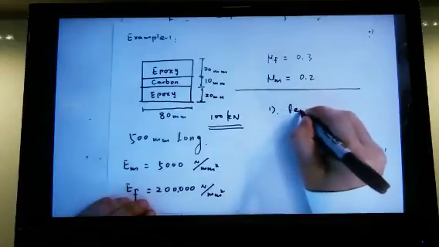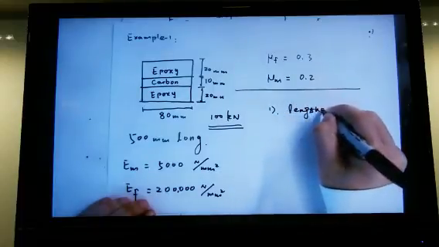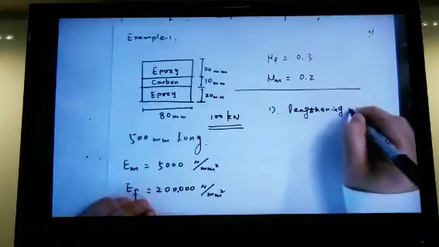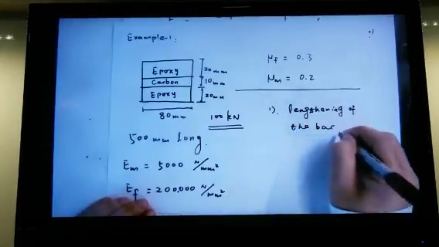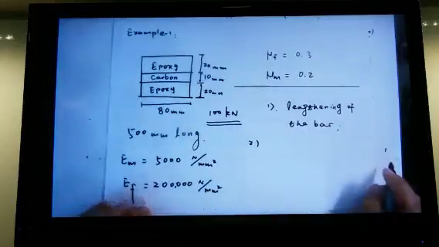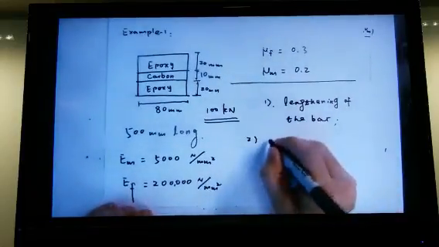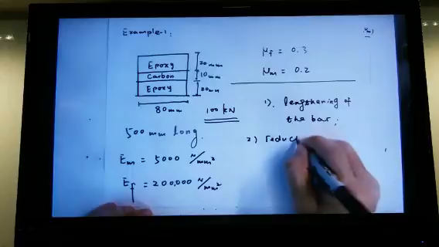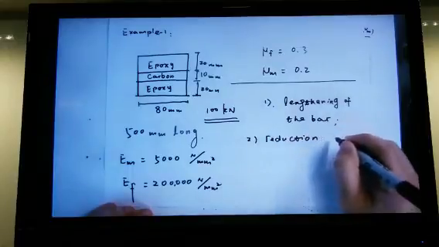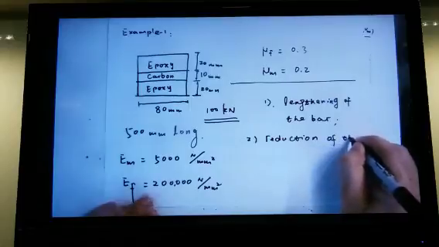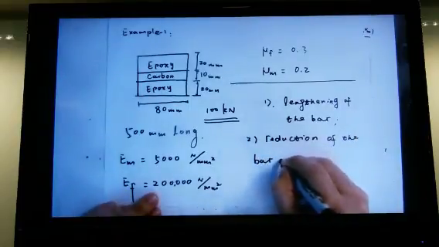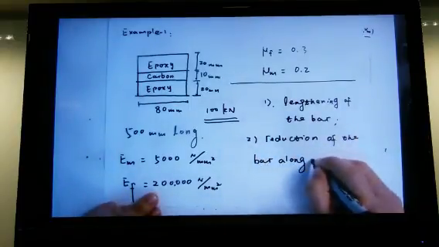So the lengthening. The second thing, I'm asking you to determine the reduction of the bar along its thickness direction.